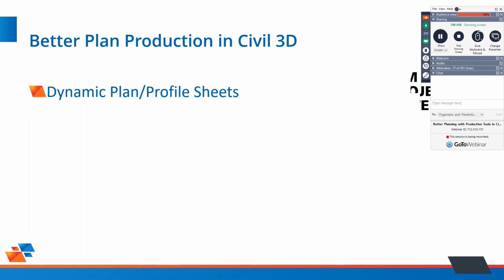So if something changes in your project and the sheets need to shift, you have to delete all those, or you have to manually edit all those viewports on your own. We have a dynamic tool set that will actually shift and update all your sheets based on any kind of project changes you might have, like shifts in alignment, stationing, you name it.